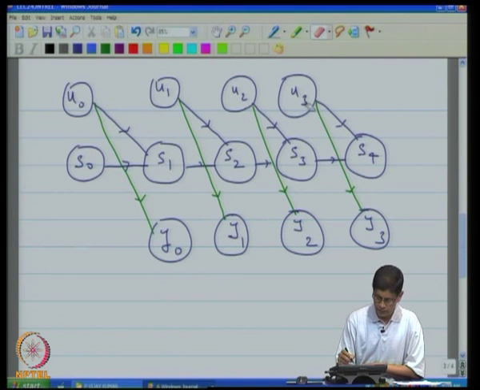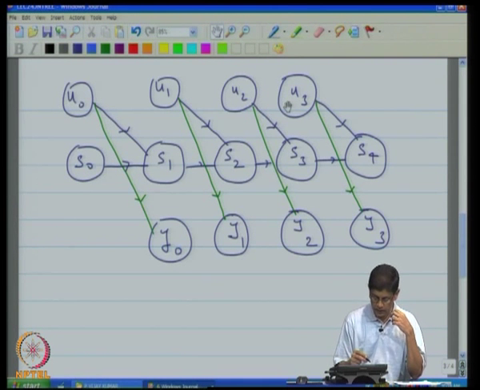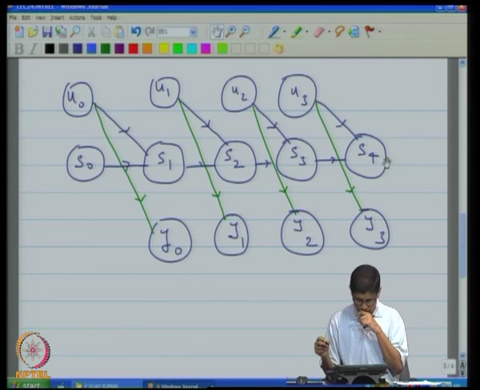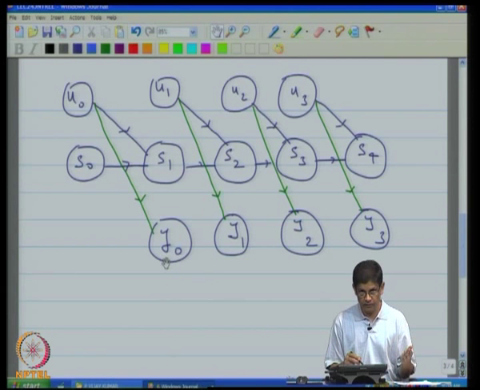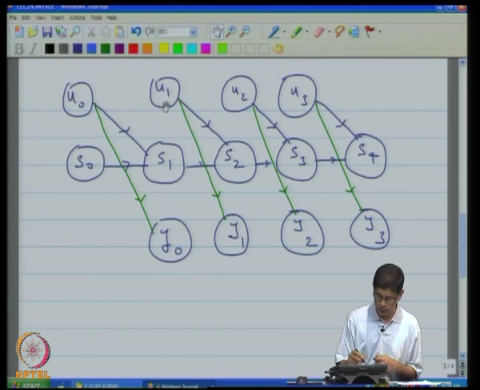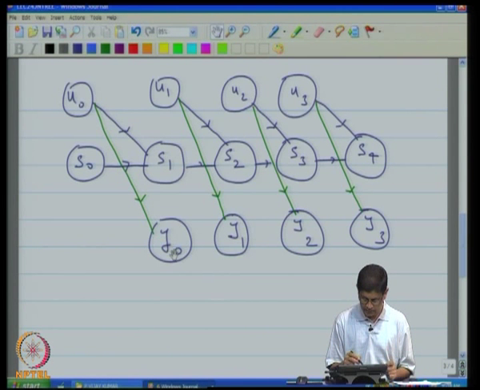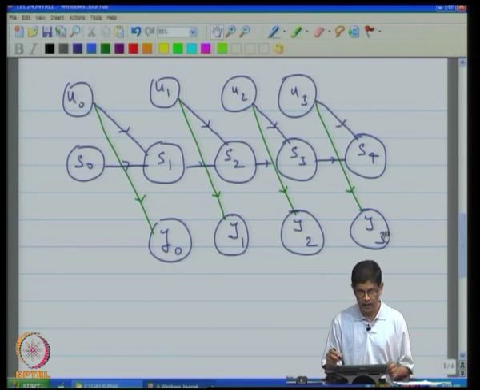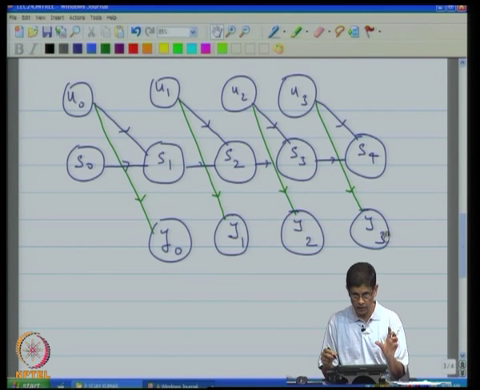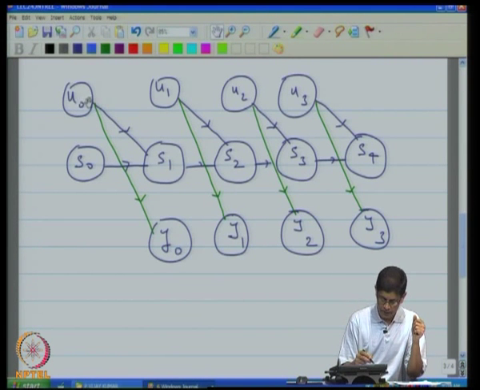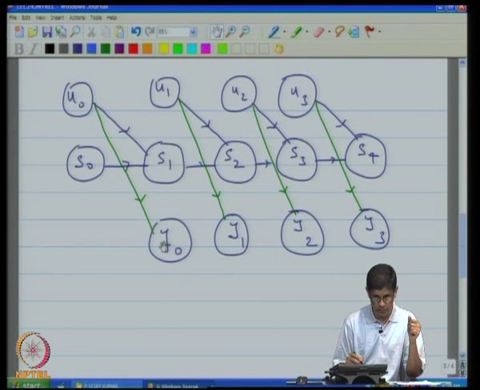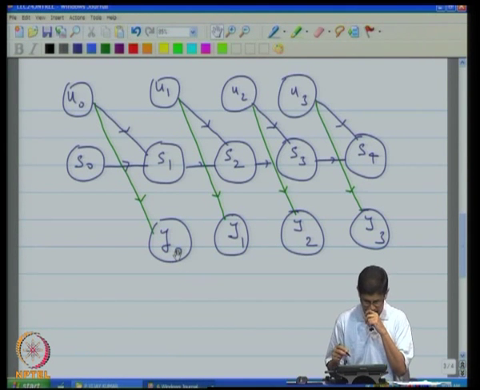There are in fact 4 information symbols, which are U0, U1, U2 and U3, and the convolutional encoder is initially in state S0 and subsequently goes through states S1, S2, S3 and S4. The corresponding received symbols are Y0, Y1, Y2 and Y3, and given Y0, Y1, Y2 and Y3, we are asked to recover U0, U1, U2 and U3. I pointed out last time that Y0, Y1, Y2, Y3 are in general n tuples, because your convolutional code being rate 1 by n, for every input symbol there are n output symbols. So, each of these is a vector actually.